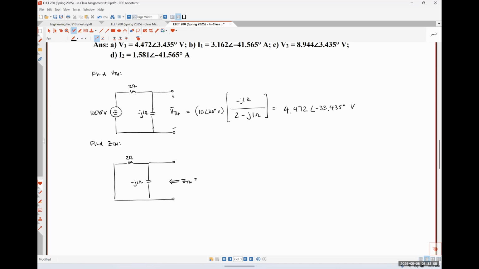I think they're in parallel. Yep. So that's going to be minus J1 times 2 over minus J1 plus 2. I'm going to throw that into my calculator real quick.